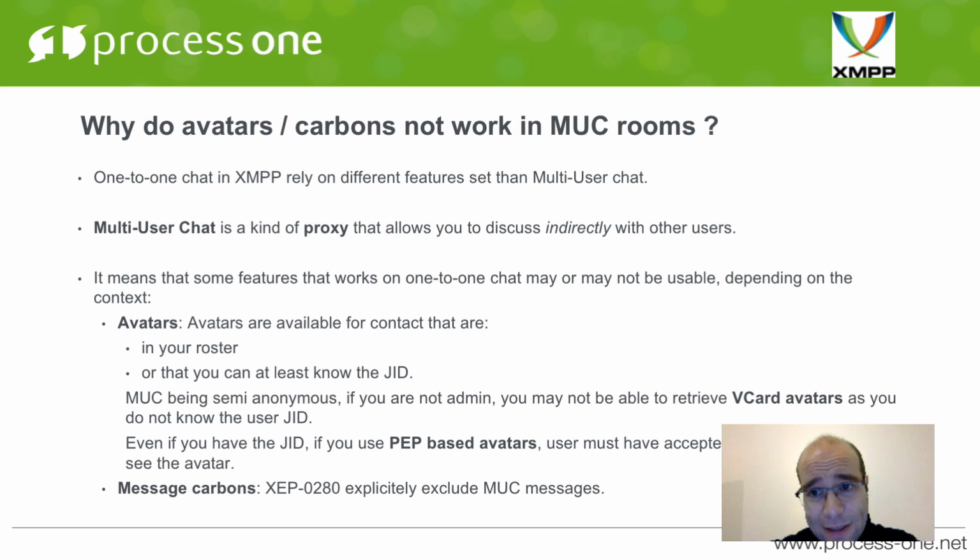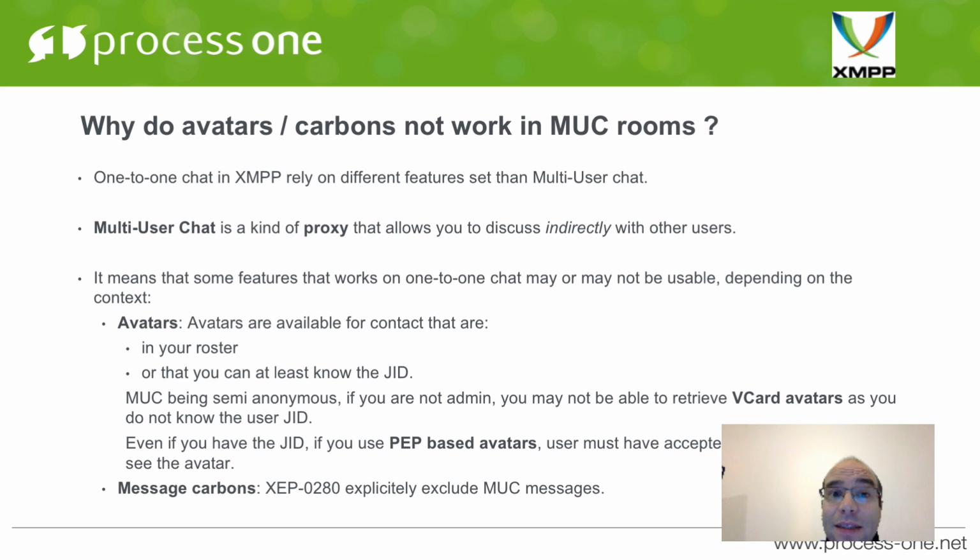Multi-user chat is a proxy. This is something that allows you to discuss with other users with your message going through a proxy, and multi-user chat is designed to be a proxy, that is to make your messages semi-anonymous, basically.